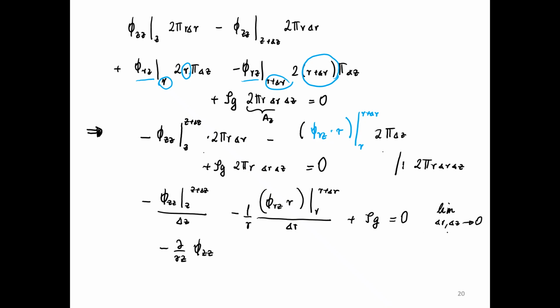If I shrink delta R and delta Z, that does nothing to R. R doesn't shrink, just delta R. So this is minus 1 over R. And the rest of this is the partial derivative with respect to R of phi_RZ times R. Rho g has nothing to do with delta R, delta Z, and is equal to 0.